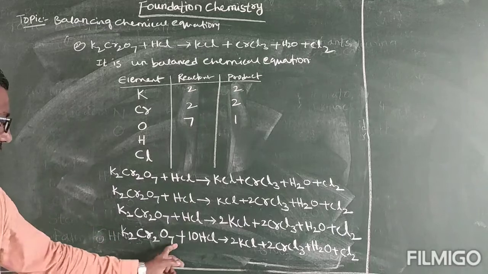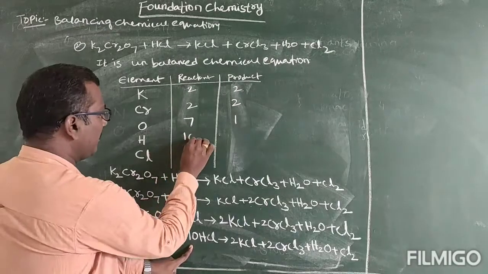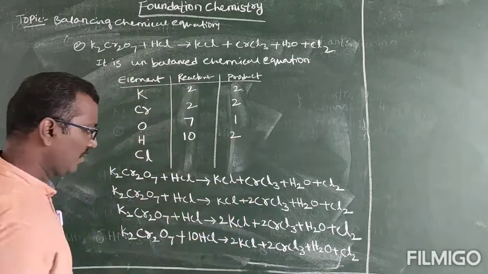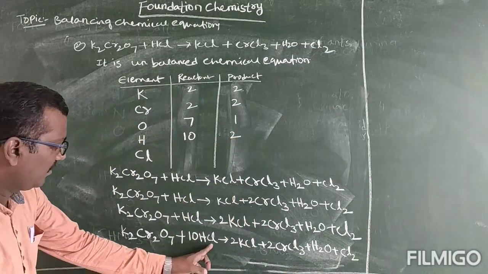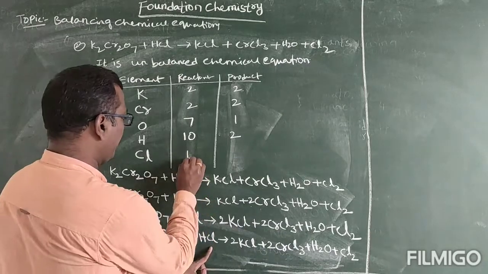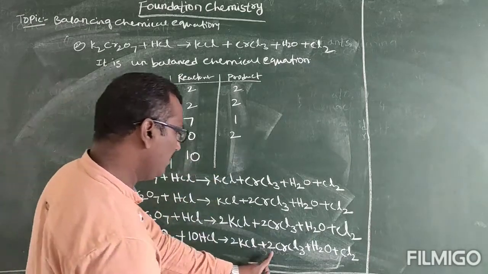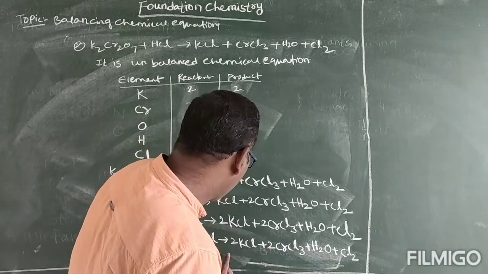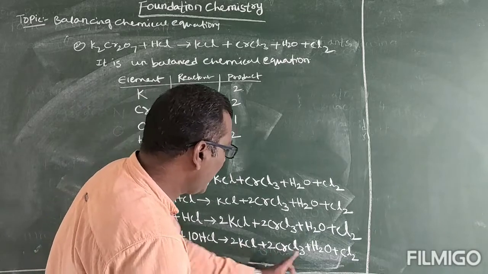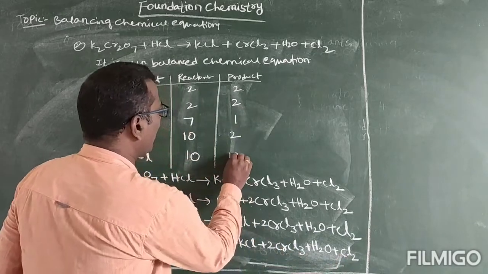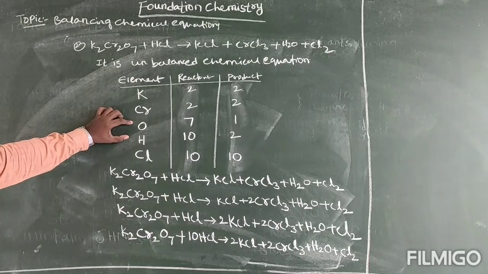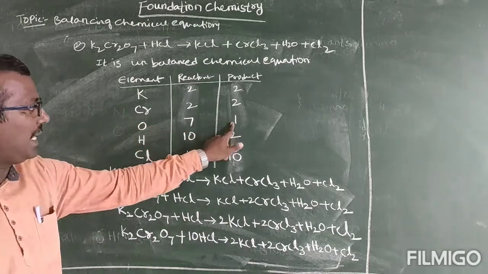Next hydrogens, you see here it is 10 and here it is 2. And next chlorine, here how many came? 10. And this side it came how many? 2, 3 2s are 6 plus 2 8 plus 2 10. Now what is left with? Oxygen and hydrogen. See here 7 and here 1.